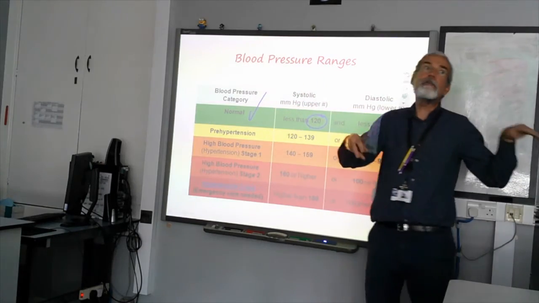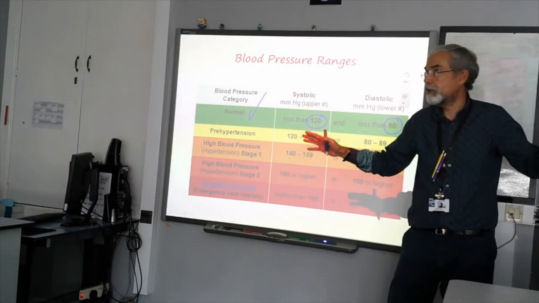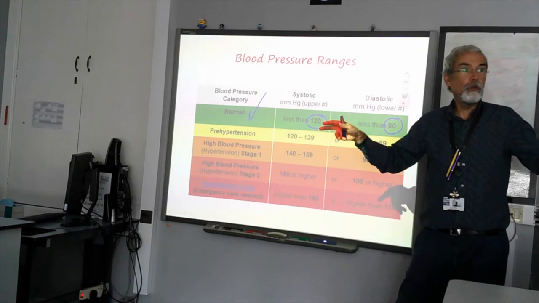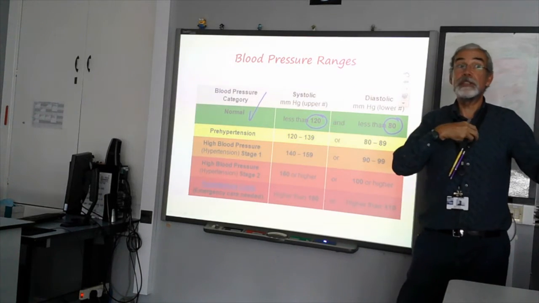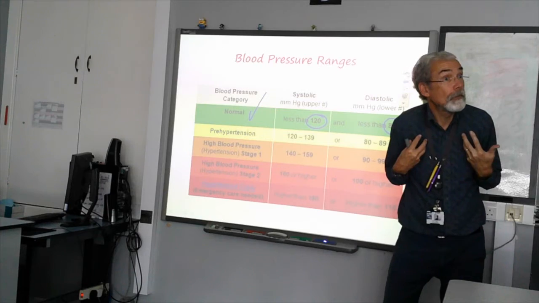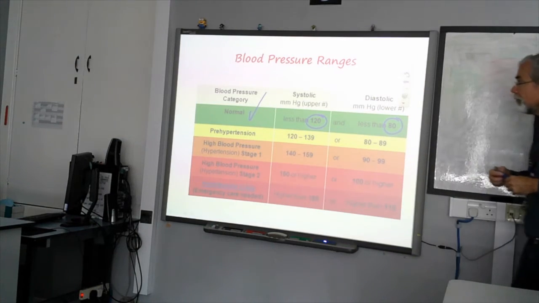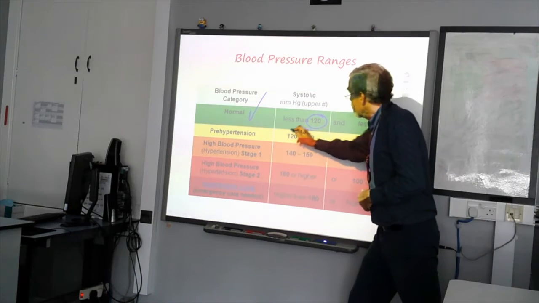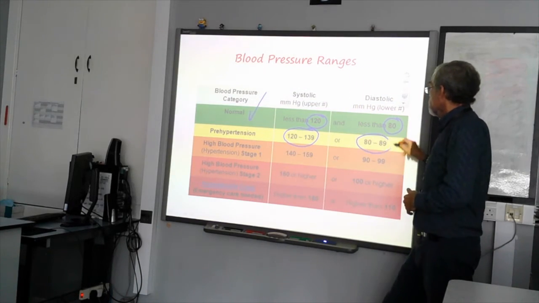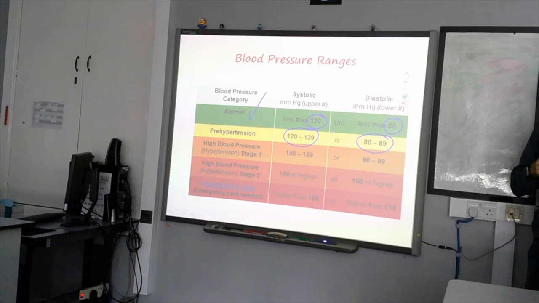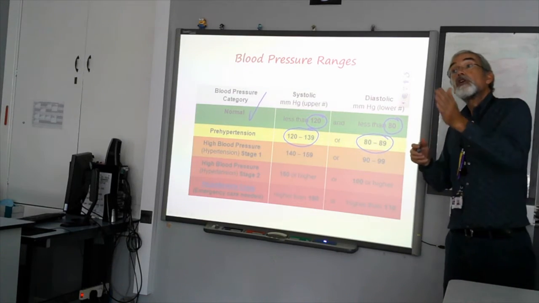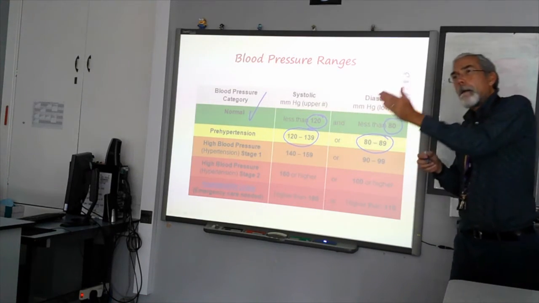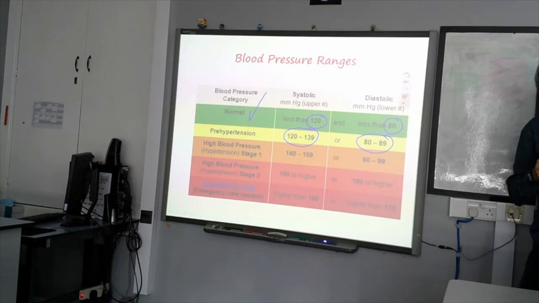I guarantee if we took blood pressure now from people, we'd get very few people who are 120 over 80. Mine would be significantly high because I'm stood up and I'm moving around. A lot of people will probably fall into the range we call pre-hypertension. In other words, you've not got high blood pressure, but it's showing indications that you might.